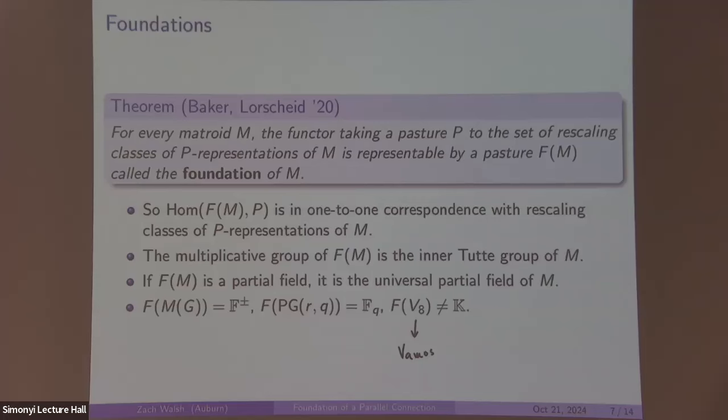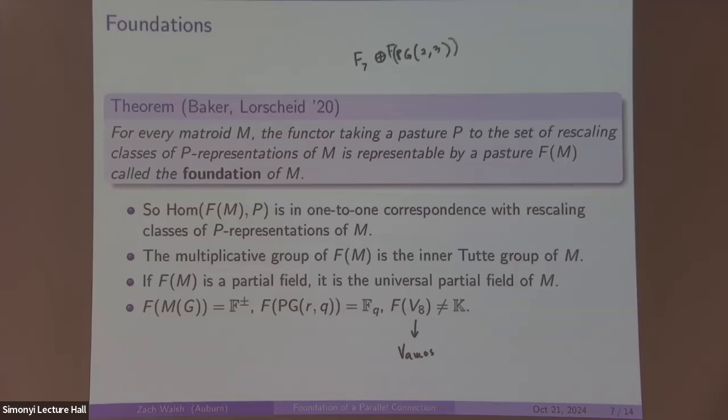What would be an example of a matroid's foundation? We'll talk about this more in a minute, but take the direct sum of the Fano plane and a ternary projective plane.